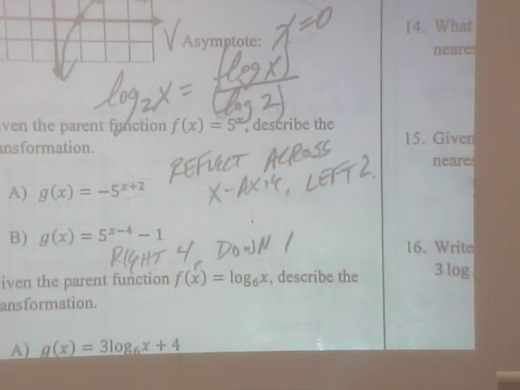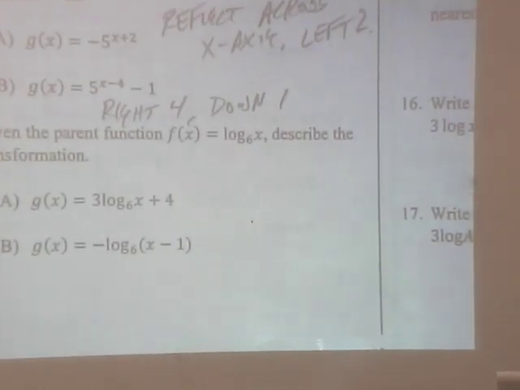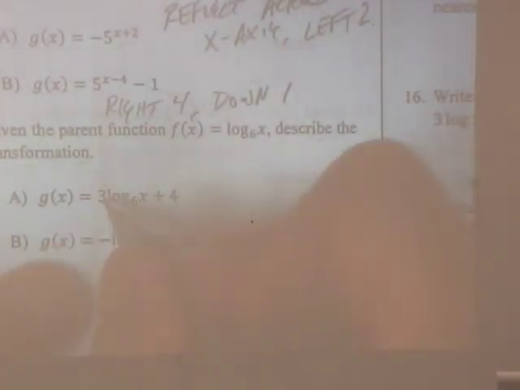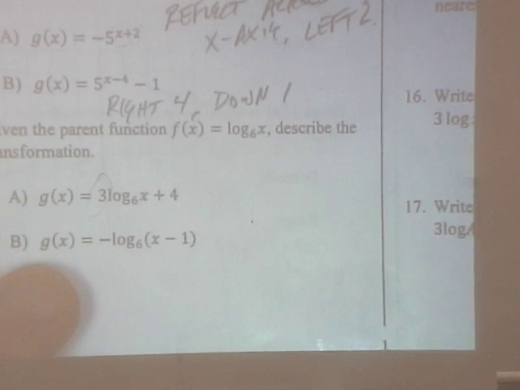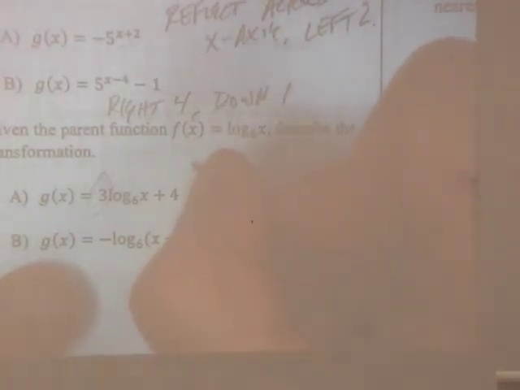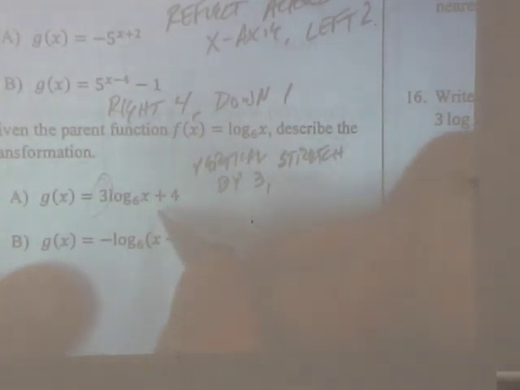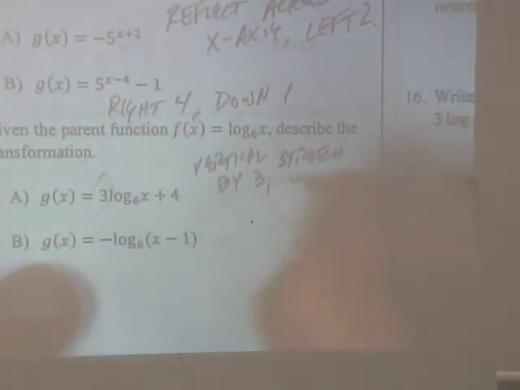And 5, given the parent function y equals log base 6 of x, describe the transformations. On A, we've got 2 of them. What's the 3 in the front going to do? Vertically stretch by 3. And plus 4 at the end is going to go up 4.